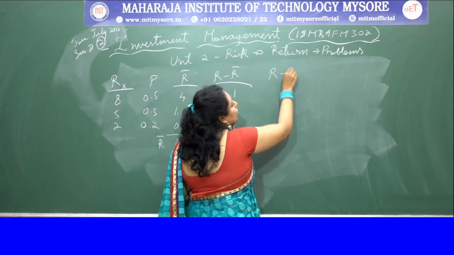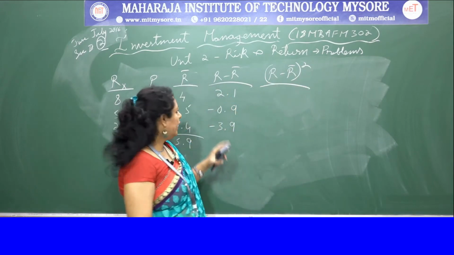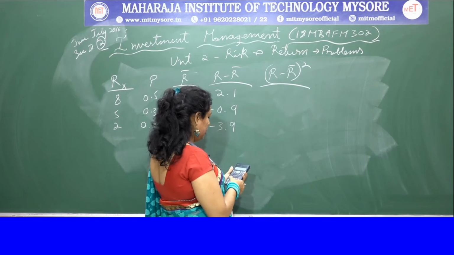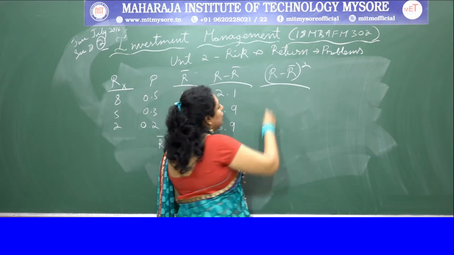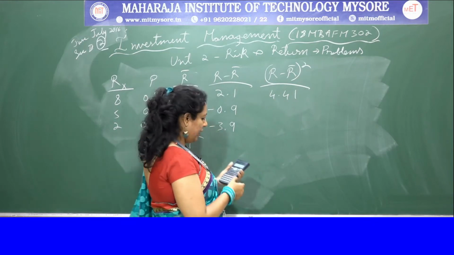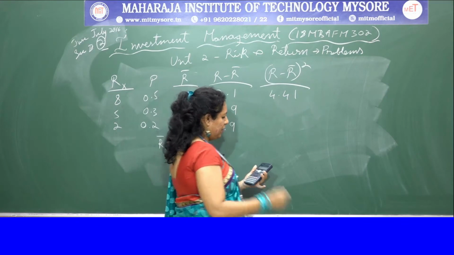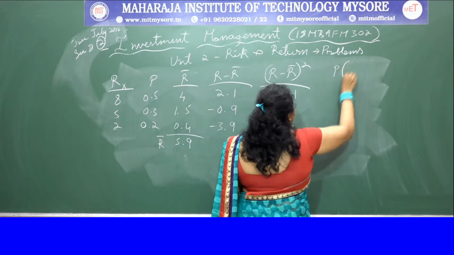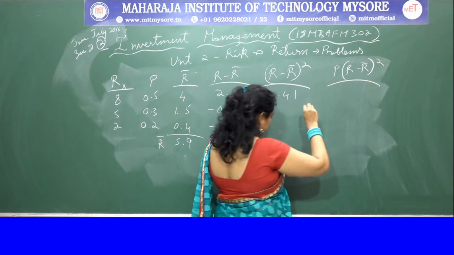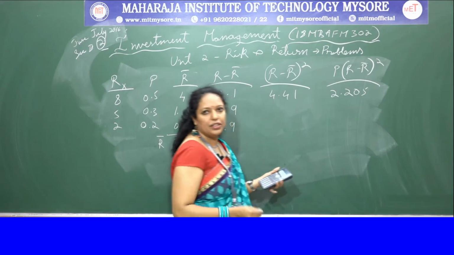Then we are going to do R minus R bar square. While doing the square, it is 2.1 into 2.1, we get 4.41. This is the answer. Okay. Into probability, we get 0.5. So we'll write P into R minus R bar square, we get 2.205.